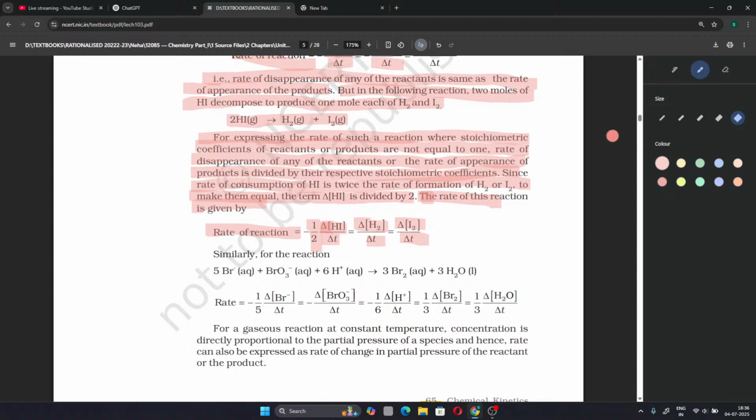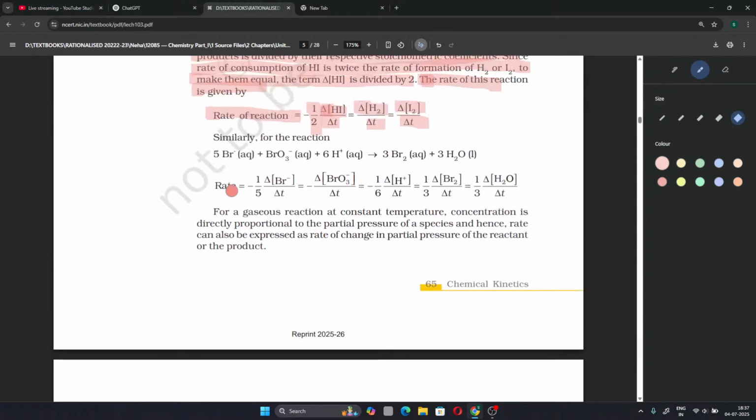But when we want the individual rate of disappearance of HI, then we will not divide it by 2. We will not use stoichiometric coefficients when we want the rate of disappearance or rate of appearance.